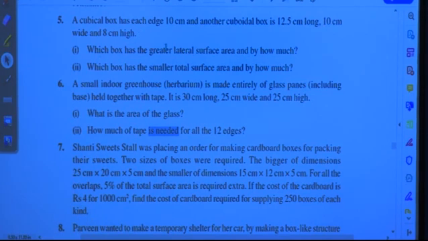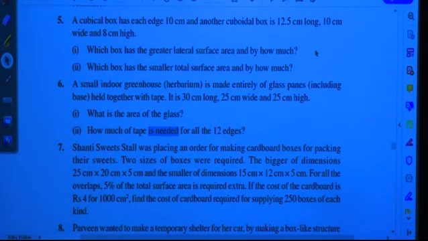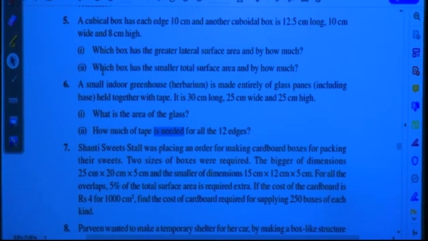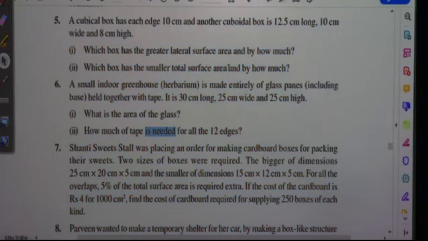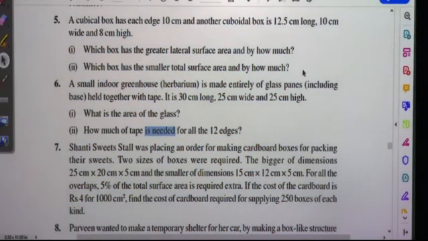Which box has the greater lateral surface area and by how much? Second sub question, which box has smaller total surface area and by how much?